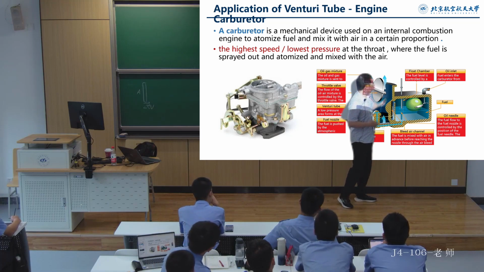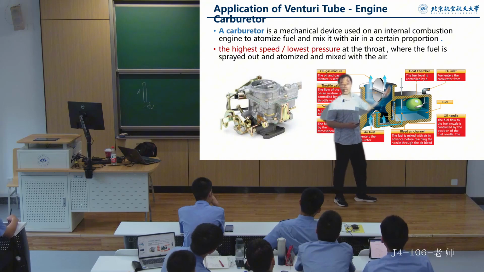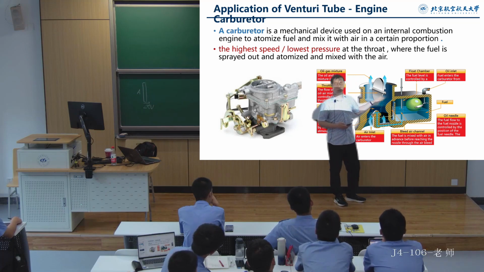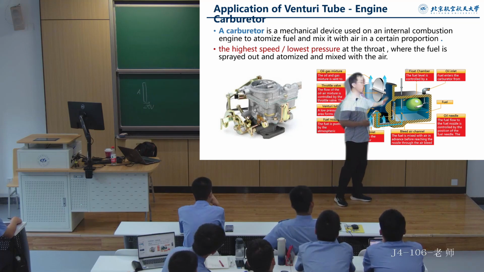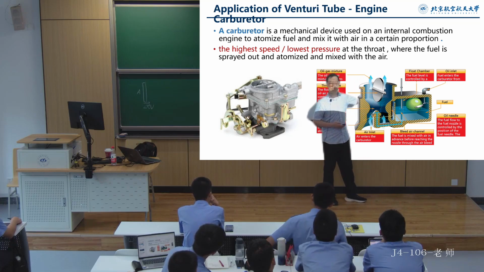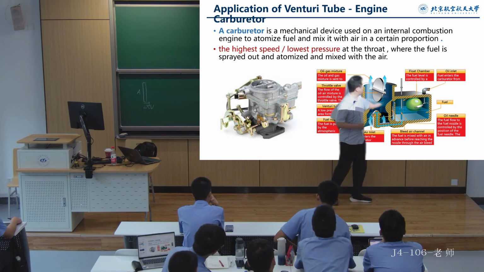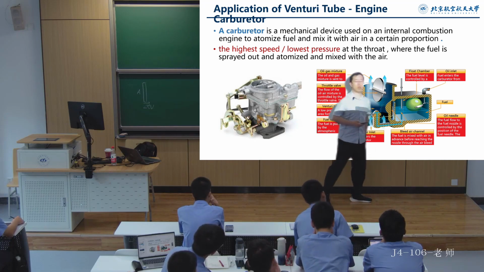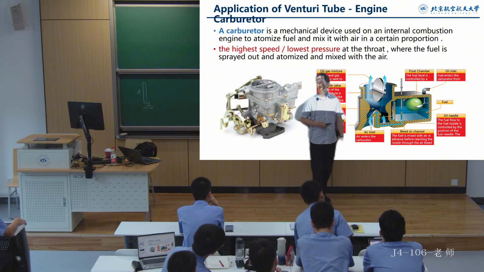Since the pressure is the lowest at this point, the oil sprayed out will quickly atomize in this area. After a while, it mixes with the incoming air to form a relatively uniform mixture. Then, finally, it flows downstream into the combustion chamber of our engine.